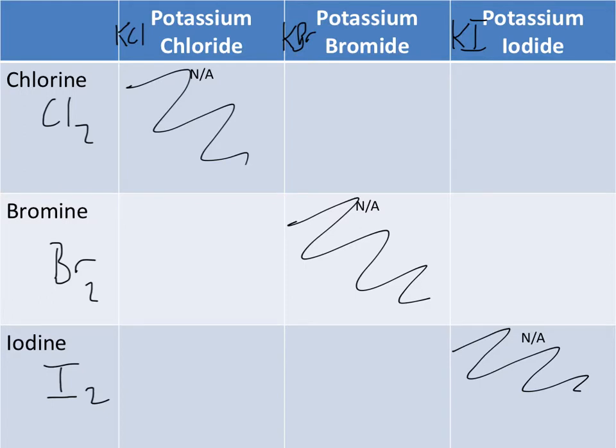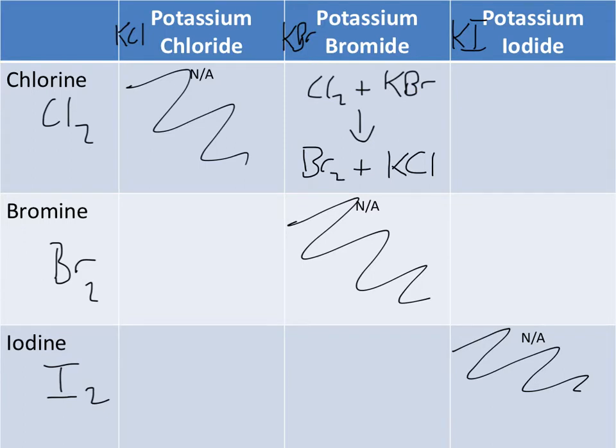So we'd have a reaction that combined Cl2 and KBr, and what we would form is the chlorine would come in and kick the Br out, so we would form KCl and Br2.